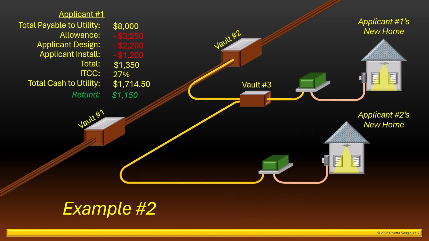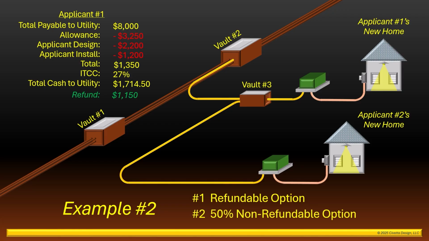We'll also note here that Rule 15 includes 2 payment options, the first being the refundable option we've just covered, and the second, referred to as the 50% non-refundable option. You'll recall applicant number 1 was required to make a cash advance of $1,714.50 to the utility and was also eligible for refunds.